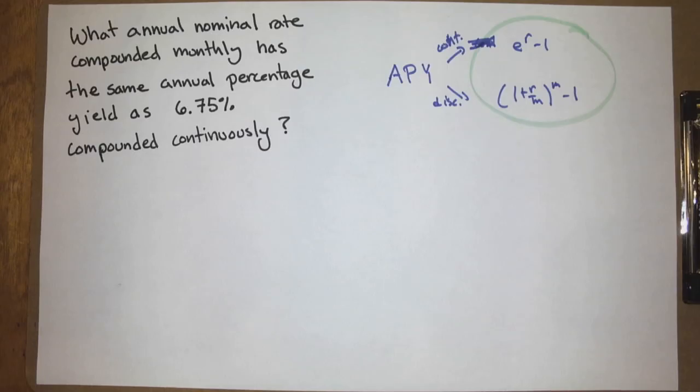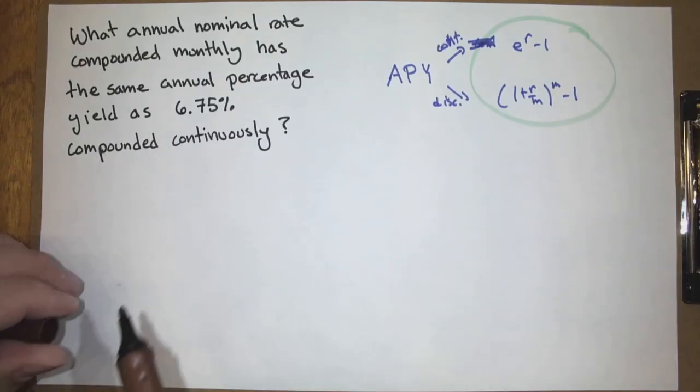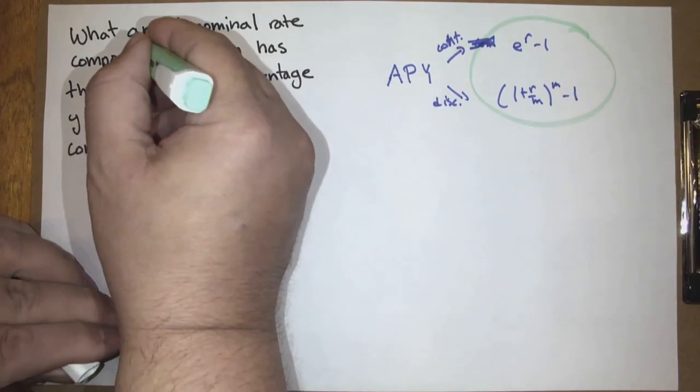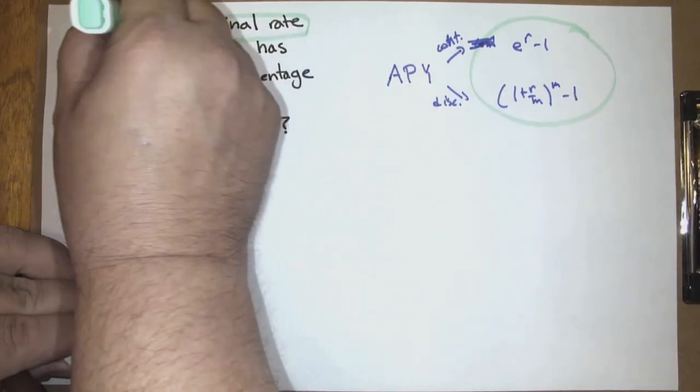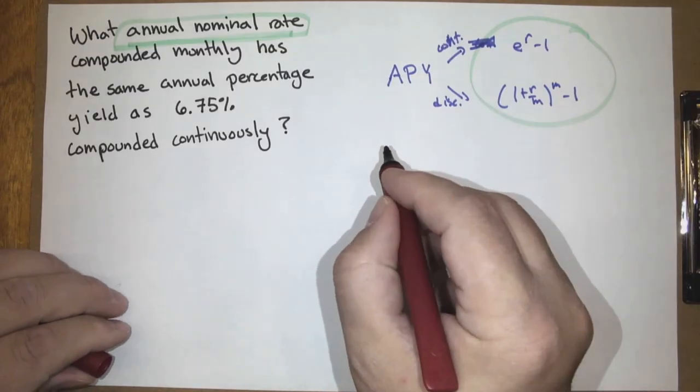Now, notice, what are we not solving for? We are not actually solving for what the annual percentage yield is. The question, we're looking for a rate. So we're not after the annual percentage yield. Now let's talk about our two investments.